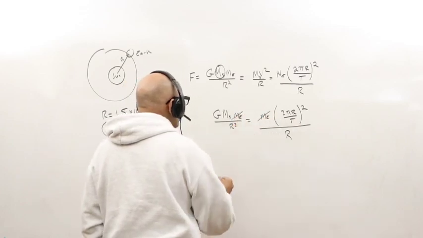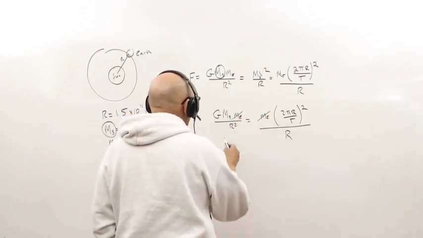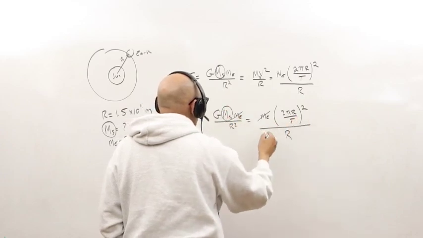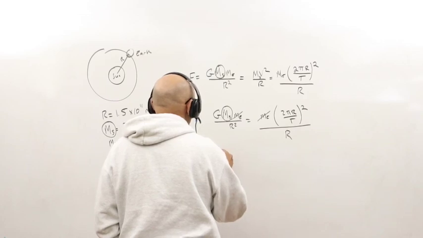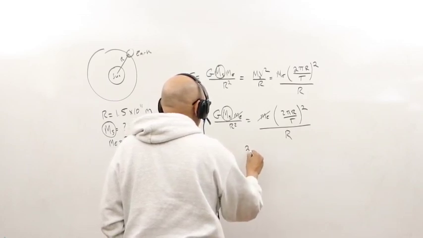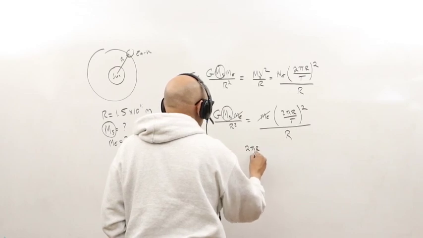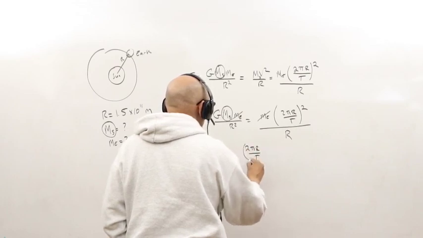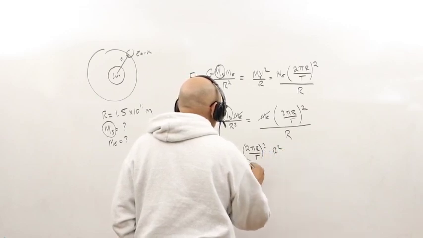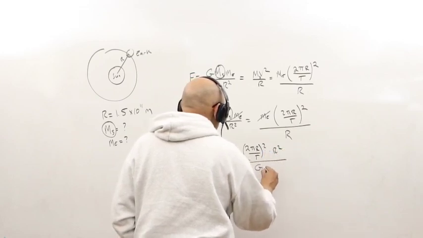It's negligible. So we move the r squared to this side and pull down the G. So we're left with the mass of the Sun given by 2 pi r over T squared times r squared, all divided by G r.